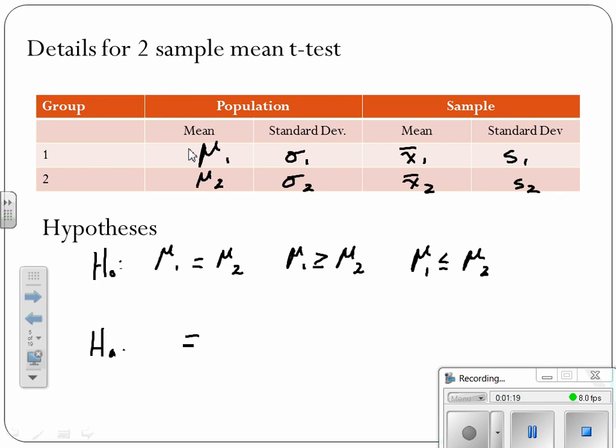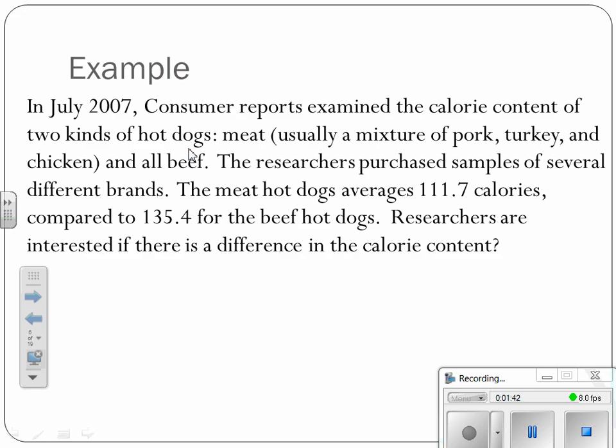Same deal for the alternative. We've got the same inequalities and equalities, not equal to, all these things still go with their assigned hypothesis. It's just now instead of comparing one population to a given number, we're going to compare one population to another.